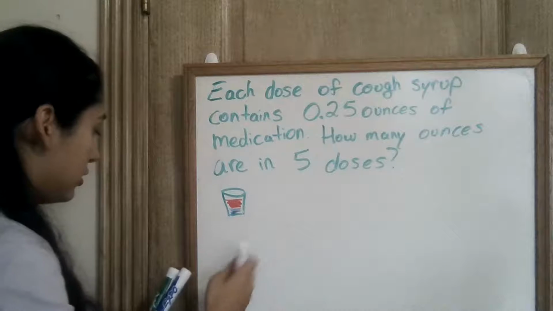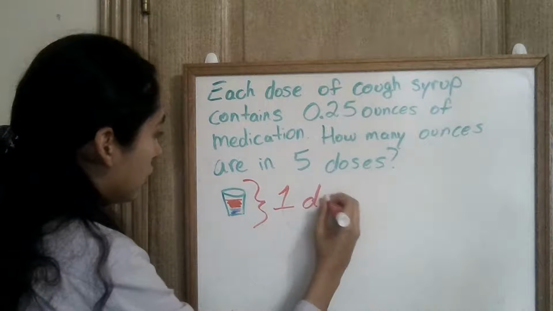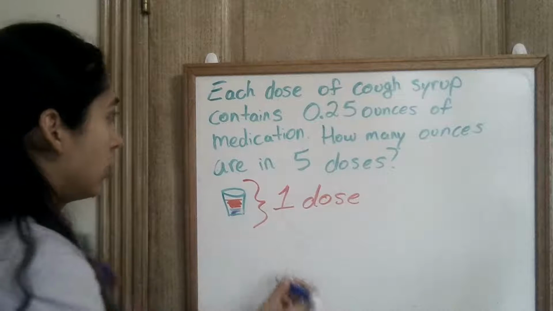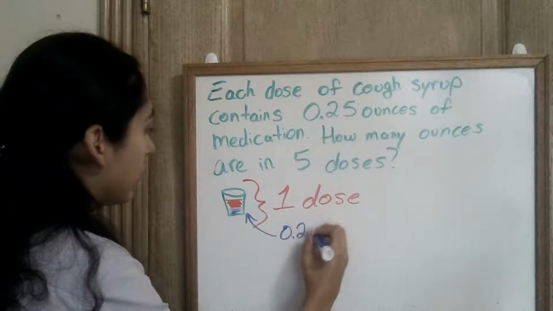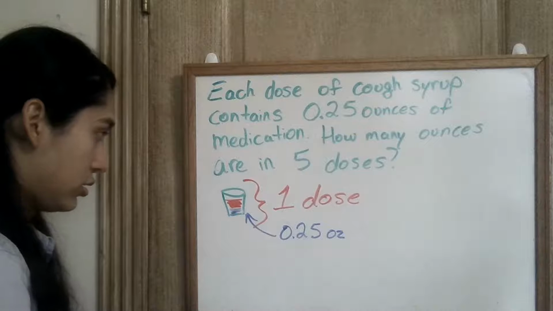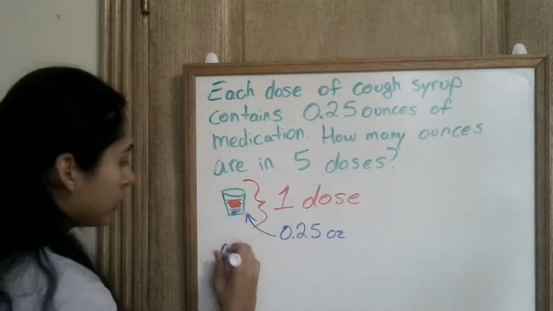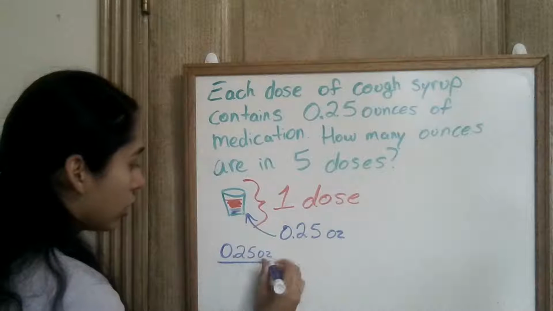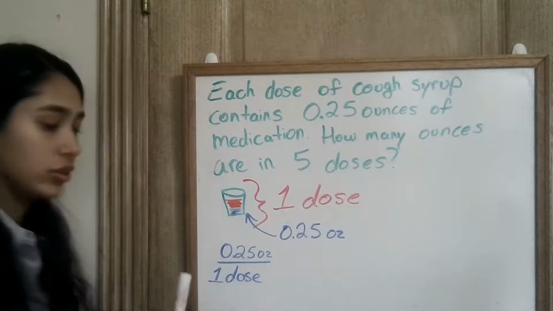All of this is one dose. And in each dose, we have 0.25 ounces. So to write this out, we have 0.25 ounces per dose, for a single dose.